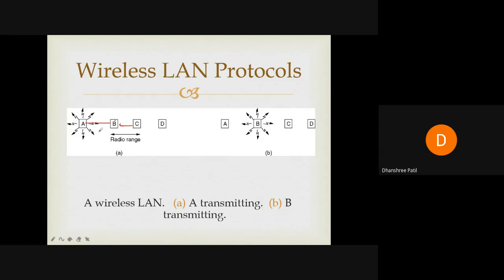Suppose A is transmitting data to B. At the same time, C also wants to communicate with B. According to CSMA, C will sense the medium and find that it is free, because there is no communication between C and B for now; communication is happening between A and B. So C will start transmission.